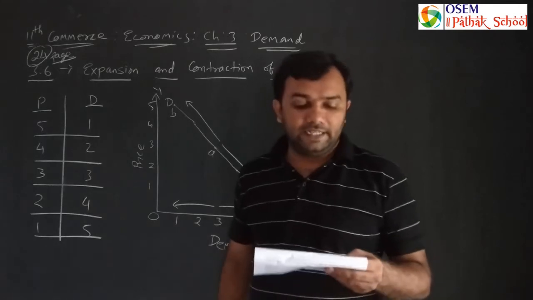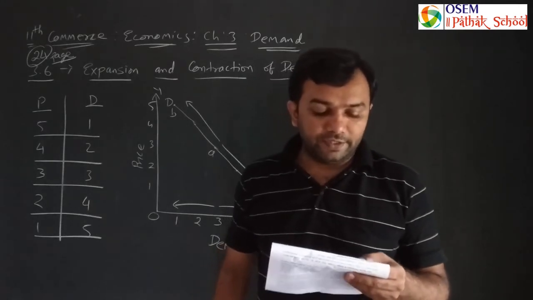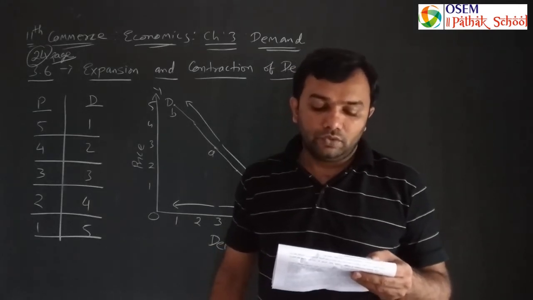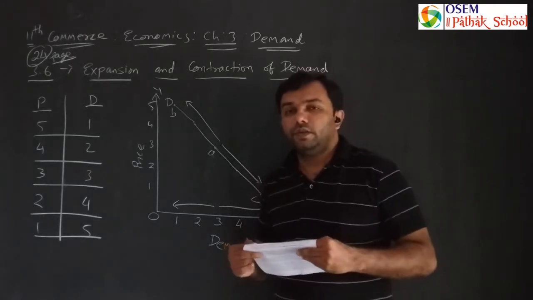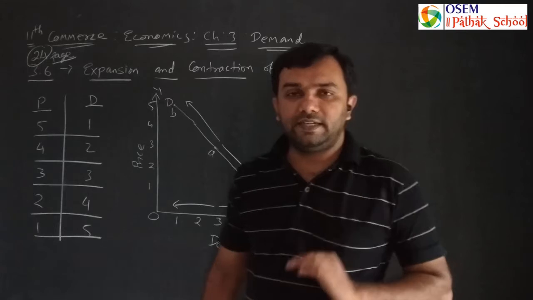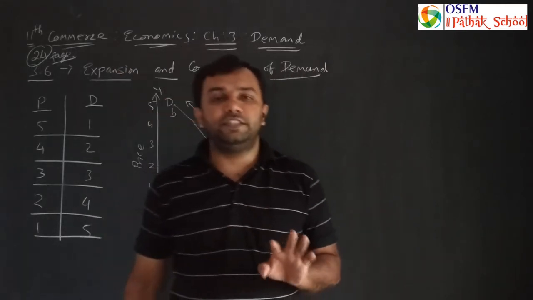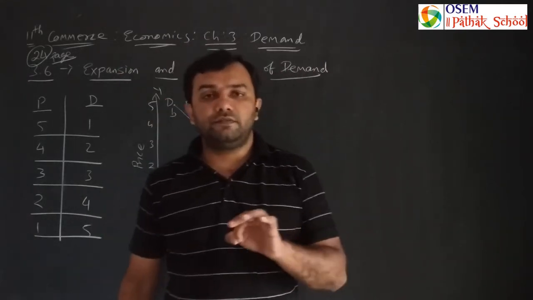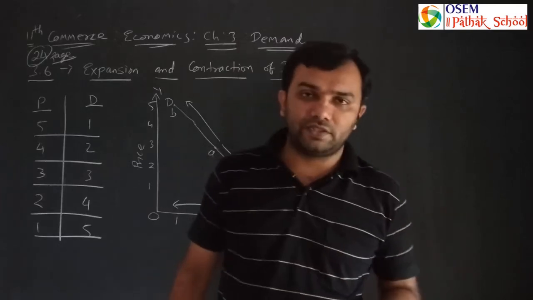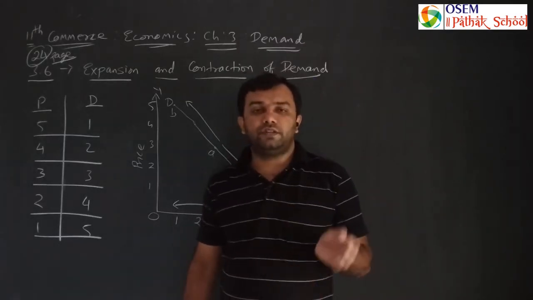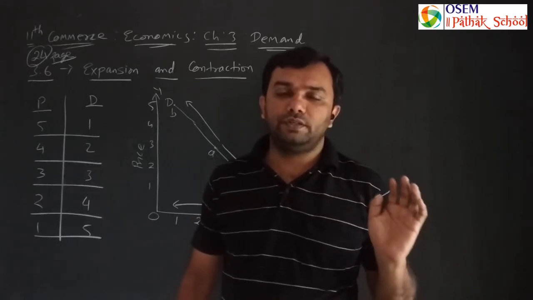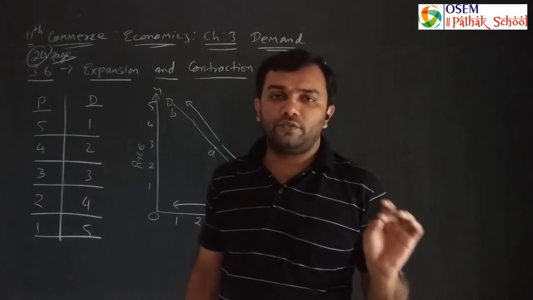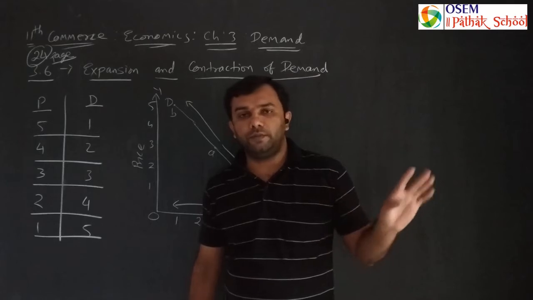It is clearly written, when other determinants are assumed to remain constant and price is varied. As we already learned in the previous lecture, all other determinants must be constant: income, demographic profile, population, price of related goods, substitute and complementary both.